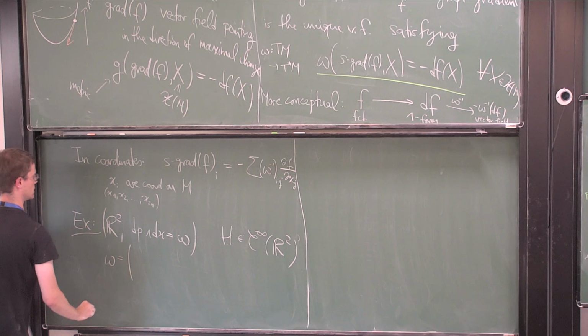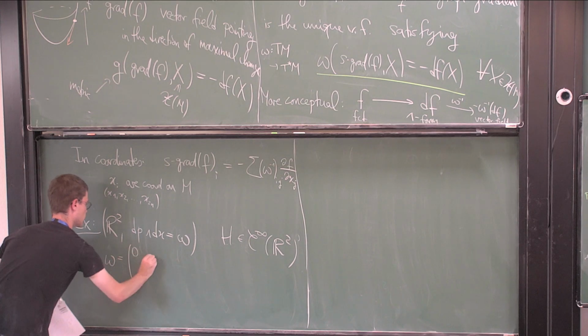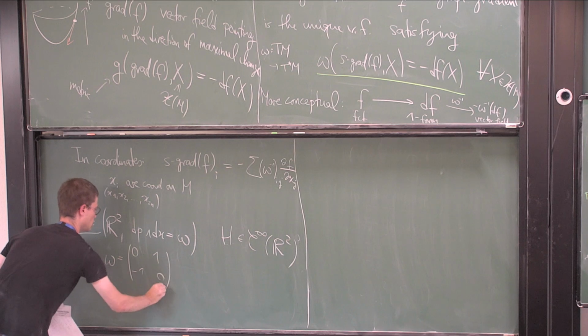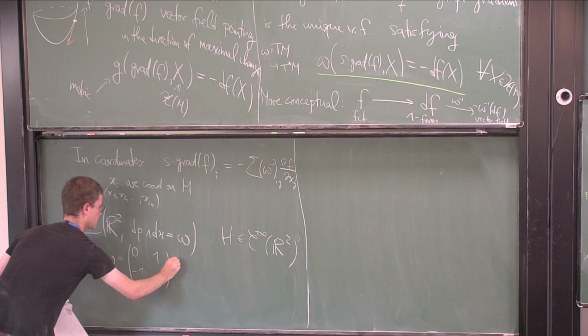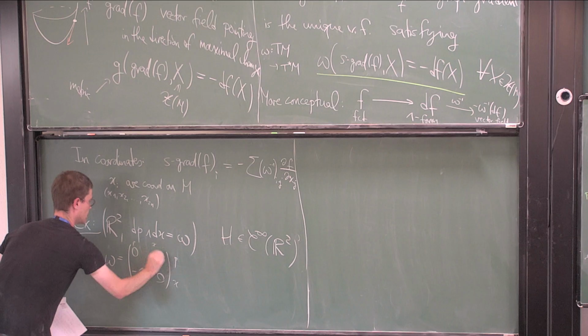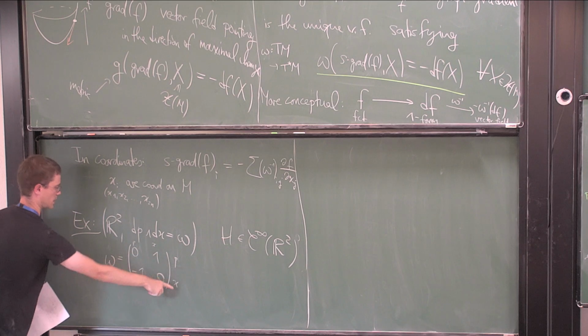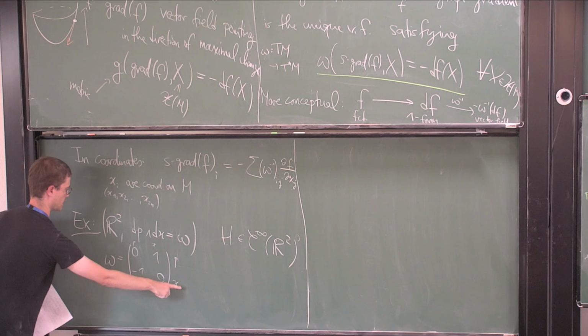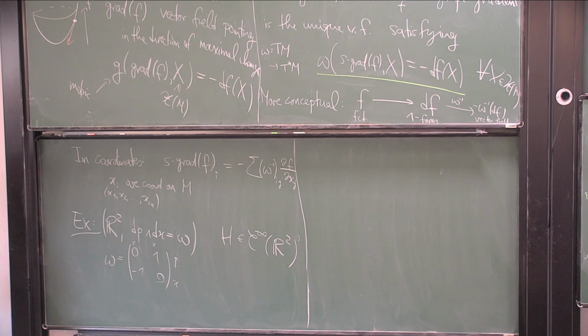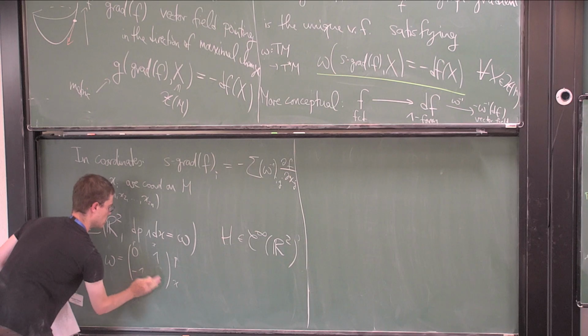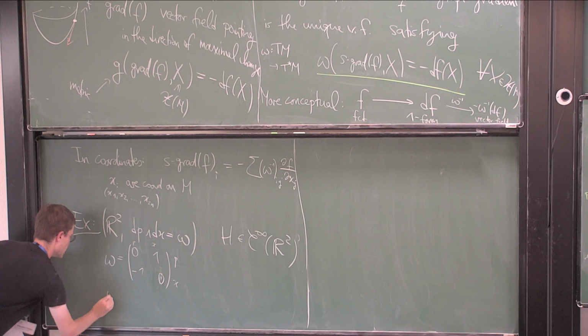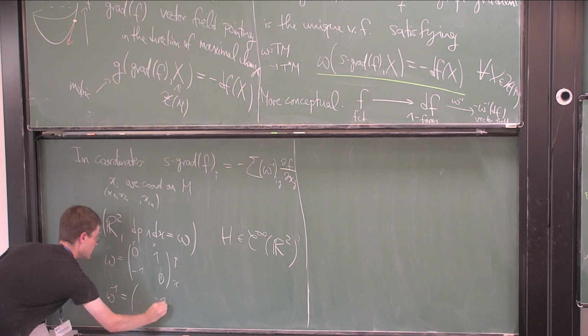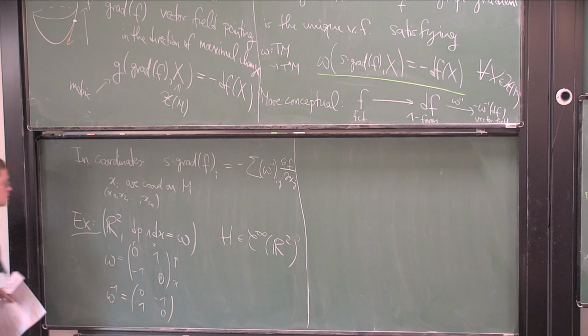As a matrix, it's 0, 1, minus 1, 0. You have p and x: p with p is 0, x with x is 0, p with x is 1, and x with p is minus 1. And then the inverse of this matrix, omega inverse, is 0, minus 1, 1, 0.